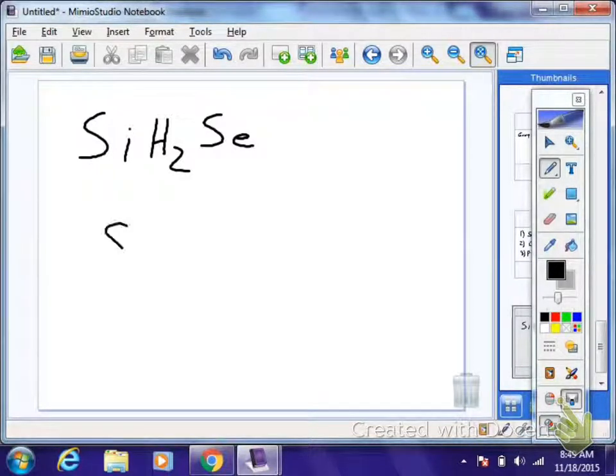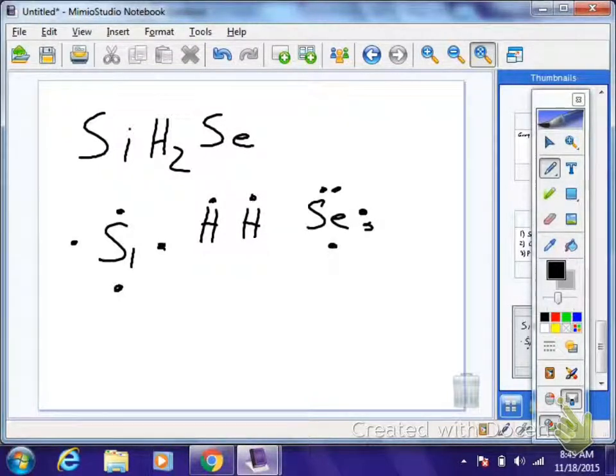So we do the dot notation. Dot notation, step 1, step 2, count: 4, 5, 6. 6 is 12.